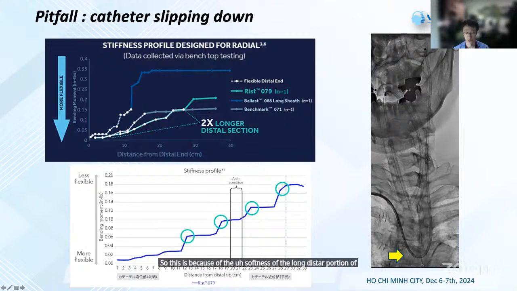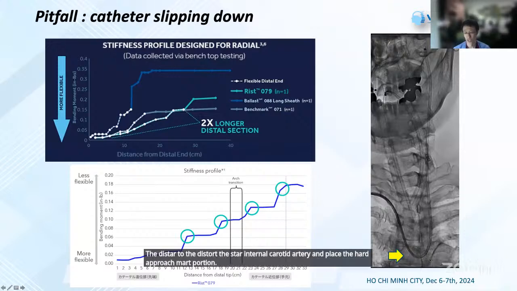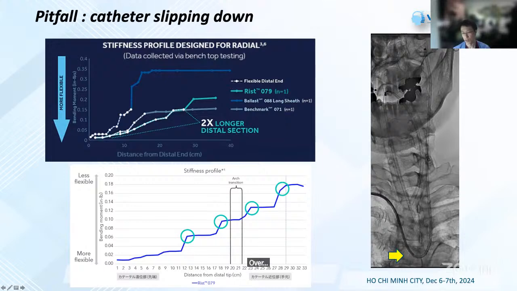So it's important to insert it far enough distal into the internal carotid artery and place the hard proximal portion over the aortic arch here. It's important.